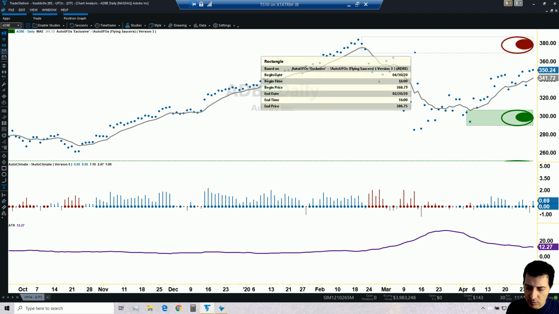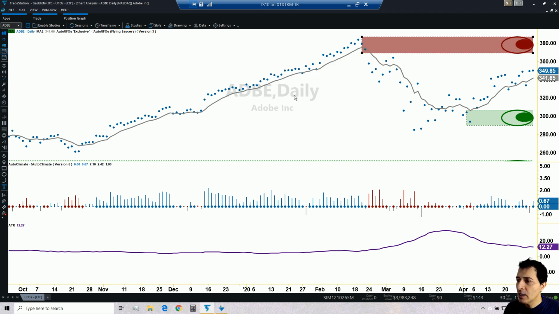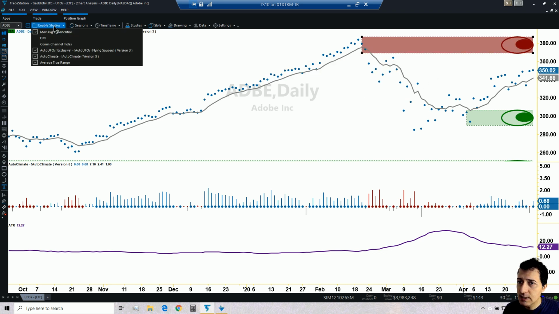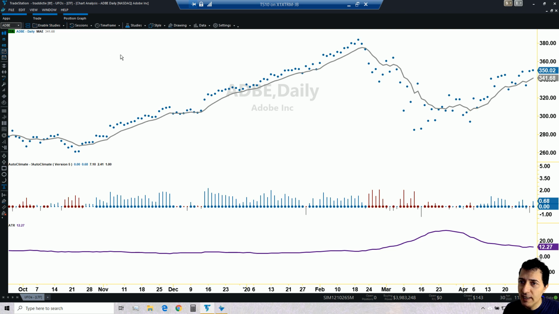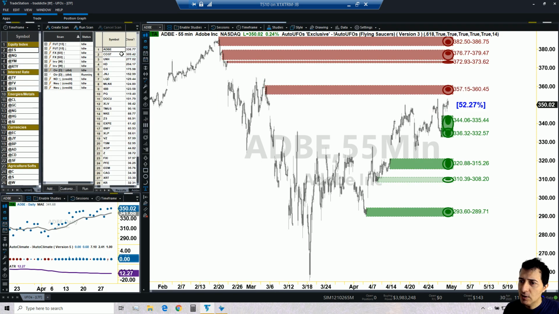The target would be 368.75. That would be the target for Adobe. Okay, cool. So easy trade. It's looking quite simple, so let's go for it.